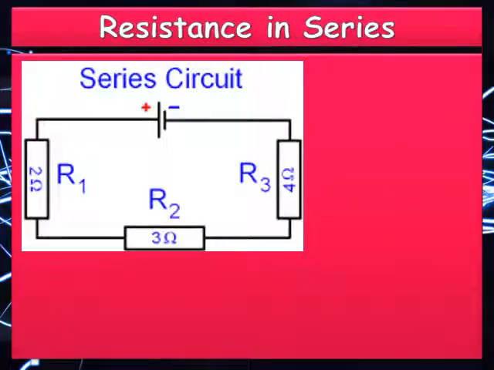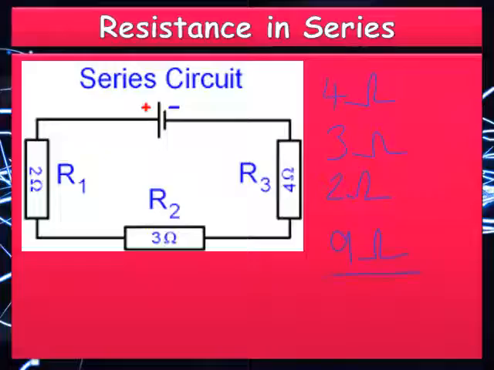So here we have a series circuit, and it has three different resistances. It has a resistance of 4 ohms, a resistance of 3 ohms, and a resistance of 2 ohms. And if you develop this experimentally and determine the resistance of the whole circuit, you will find that the total resistance will equal 9 ohms.